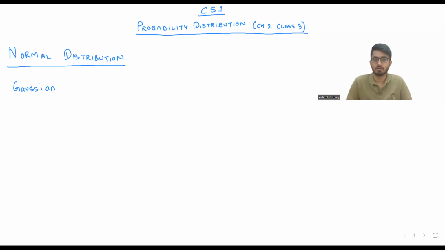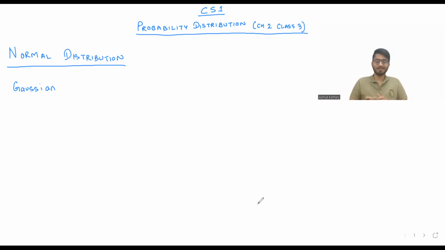Next point, it is a building block, within quotes, for many other distributions. This was just to give some background.